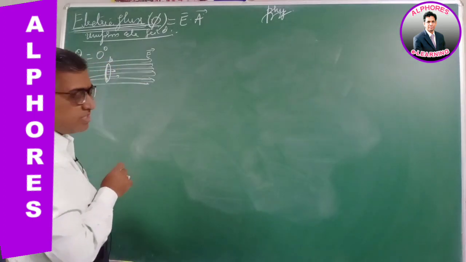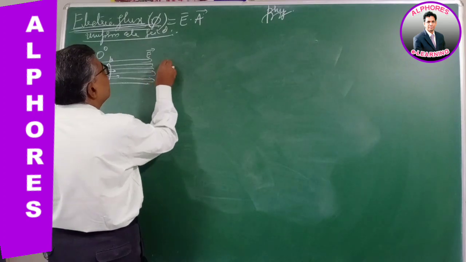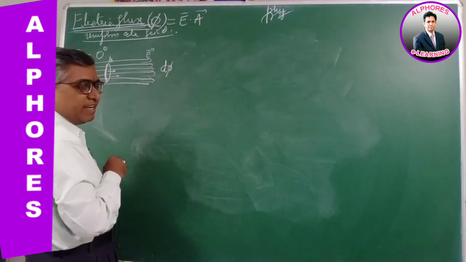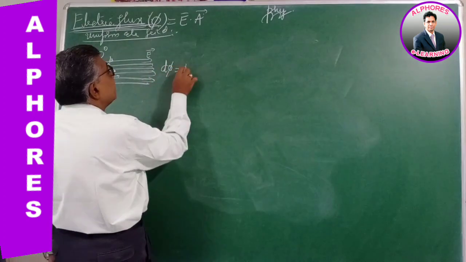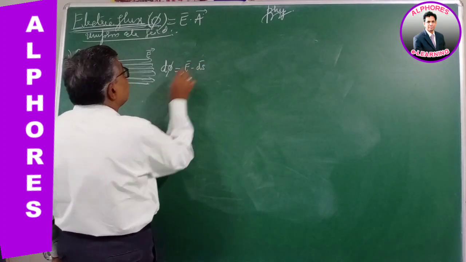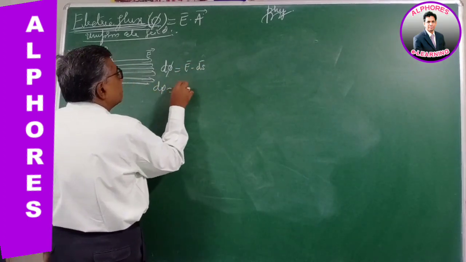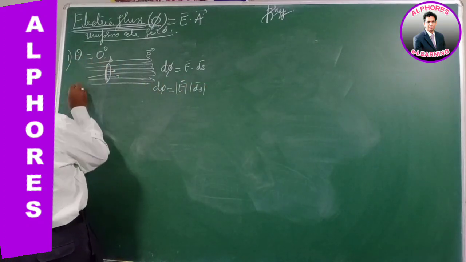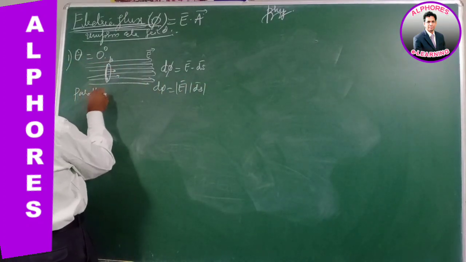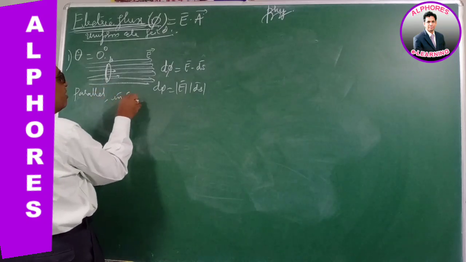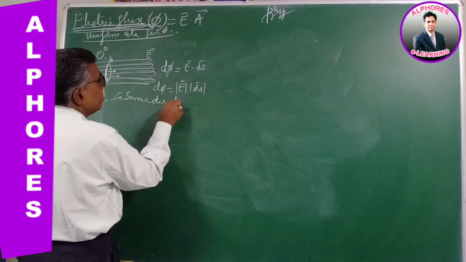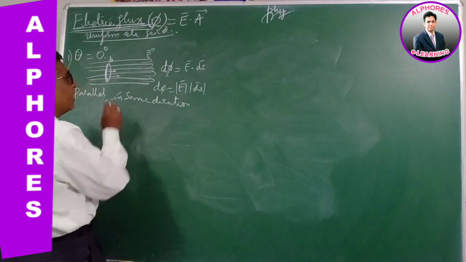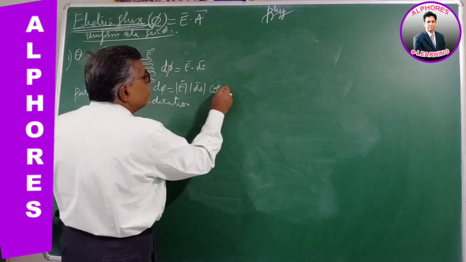Then the flux through this area element, d phi, we know d phi is equal to E bar dot ds bar. So d phi is equal to mod E mod ds cos theta. Now both are parallel, theta is 0, they are in the same direction, so it is cos 0.